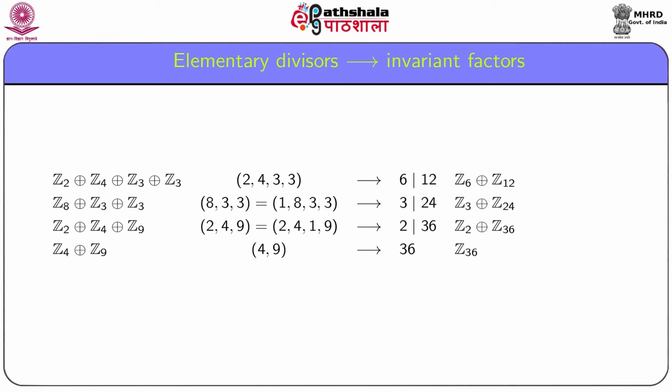Thus, the representation of Z8 plus Z3 plus Z3 is Z3 plus Z24 and the invariant factors are 3 and 24.